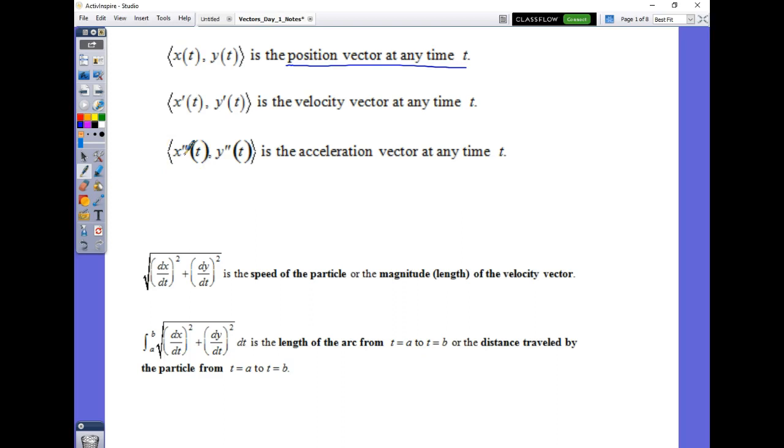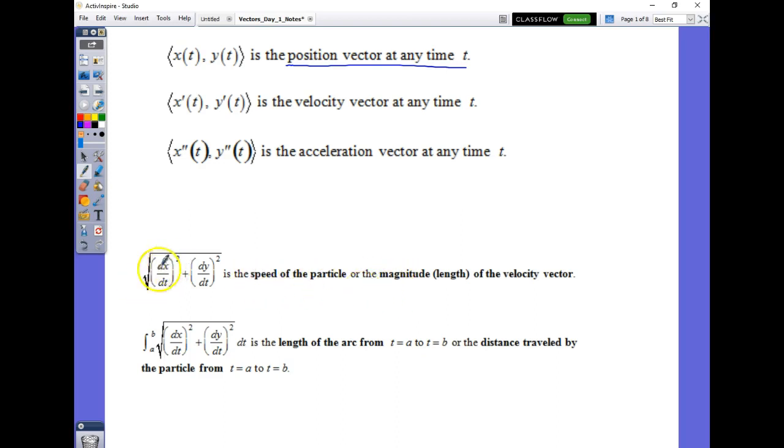Other things to take into account: if I look at the distance of the velocity vectors when they're added together, the x prime squared plus the y prime squared, and take the square root from a Pythagorean theorem aspect, that will give us the speed.